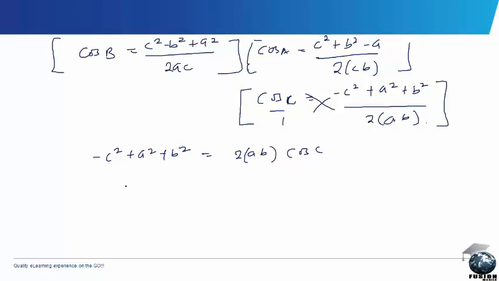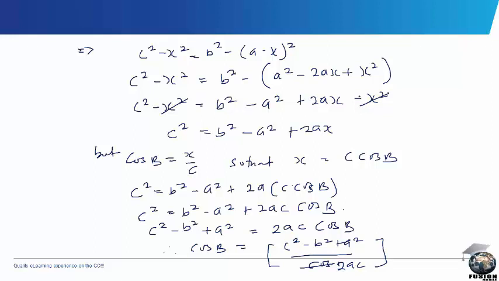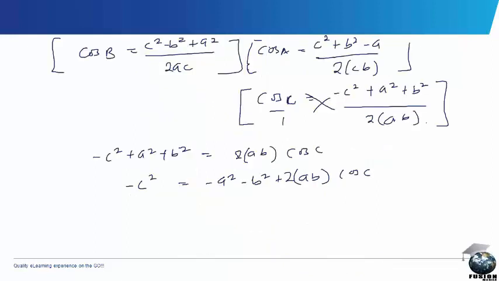So you have minus C squared equal to minus A squared minus B squared, plus 2AB cos C. You can switch this back to the normal method we previously had, and when you multiply out by positive, you have C squared is equal to A squared plus B squared, minus 2AB cos C.